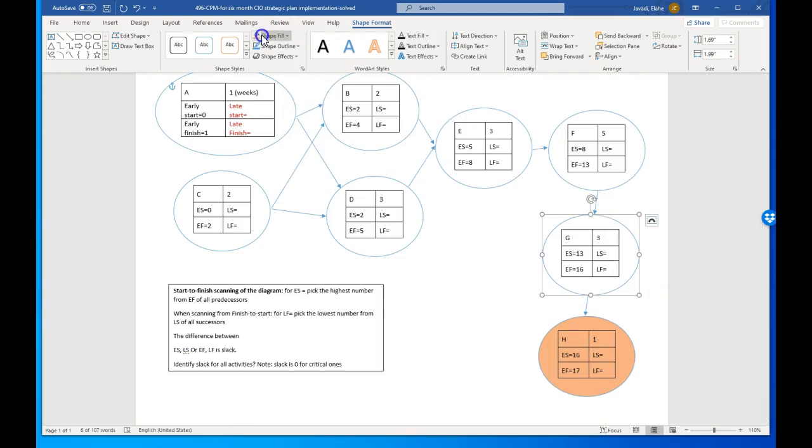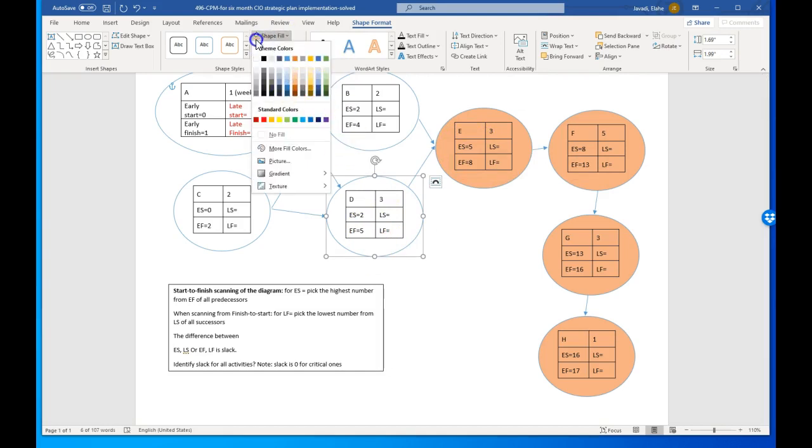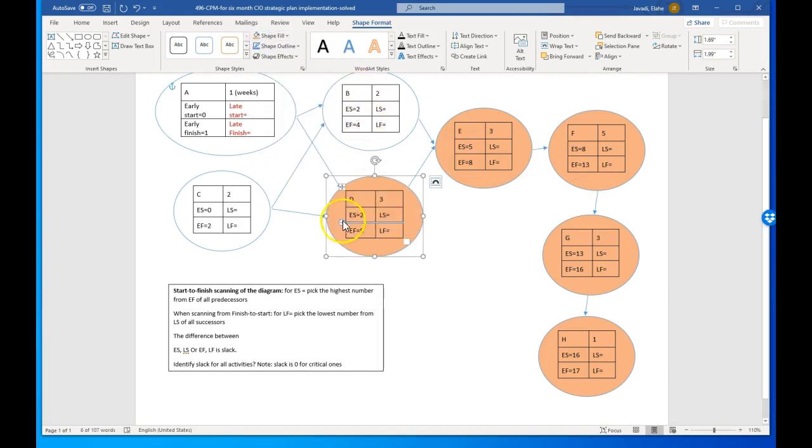This one will also be on the critical path. This one on the critical path, this one on the critical path. But from these two, which one will be on the critical path? I look at this one, early finish of 8. Where does that come from? Early start of 5. Where does that come from? It comes from here. So this one is critical, the other one is not. And then from D, when I go to look at A and C, where did I get my early start of 2?